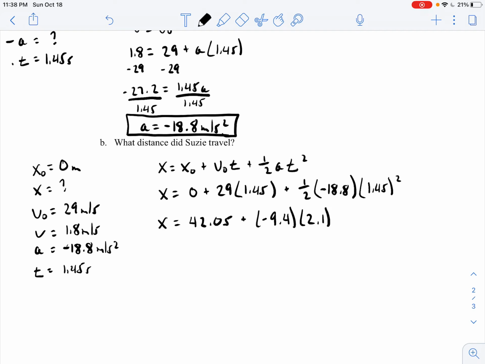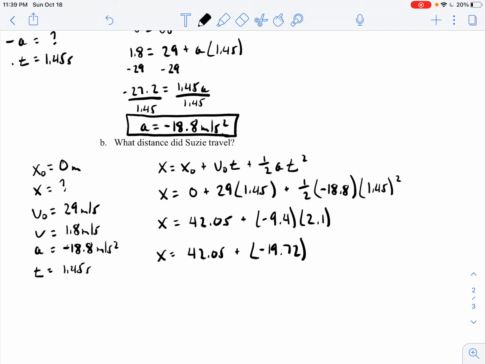So next thing we're going to want to do is that last multiplication here. And we are going to get a result of x is equal to 42.05. Going to add that to a negative 19.72.